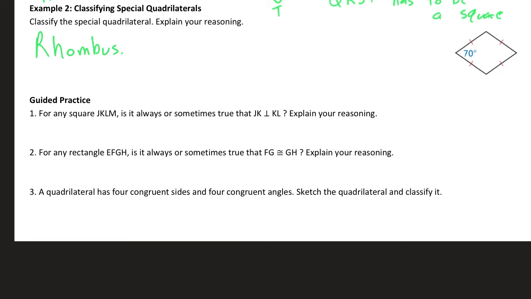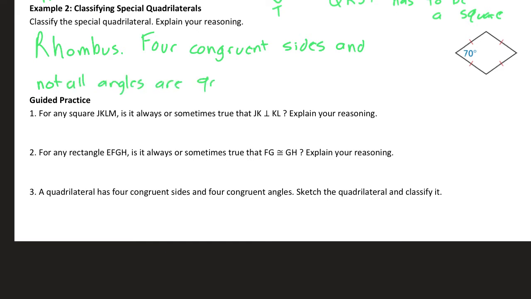So it's a rhombus because it has four congruent sides and not all angles are 90 degrees.